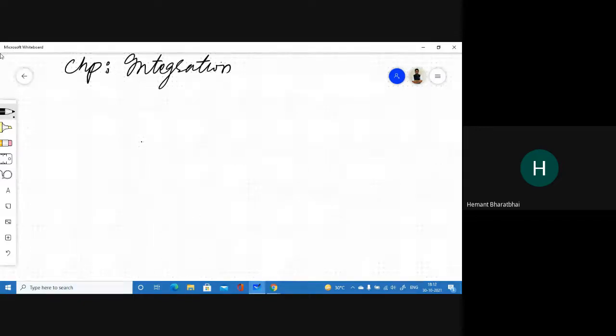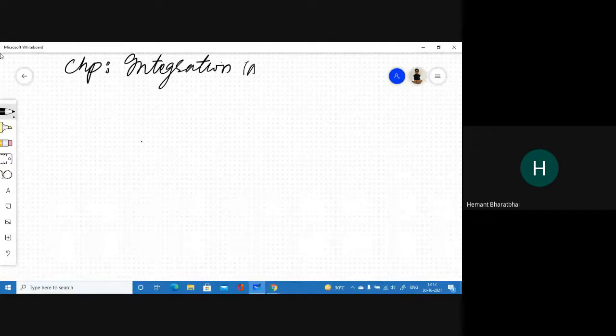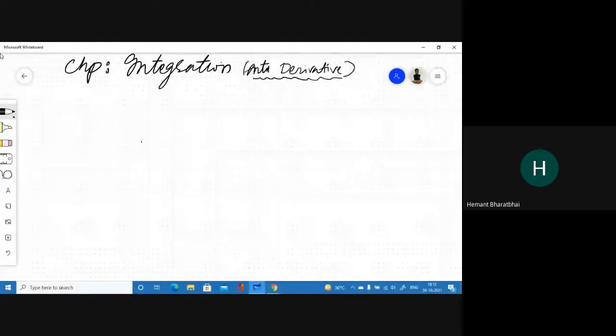Integration is also called antiderivative, or the inverse function of derivative.